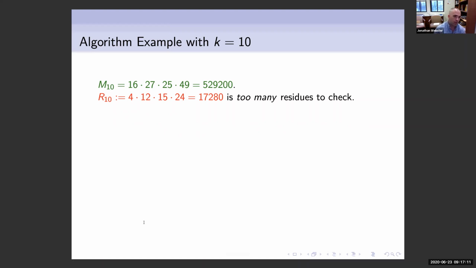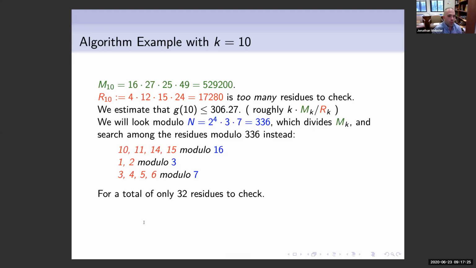But we know this is too many residues. And so we have an estimate that we'll explain a little later, but we believe that G of 10 should be less than 306. So we look for a modulus, a divisor of m sub 10 that is just larger than 306.